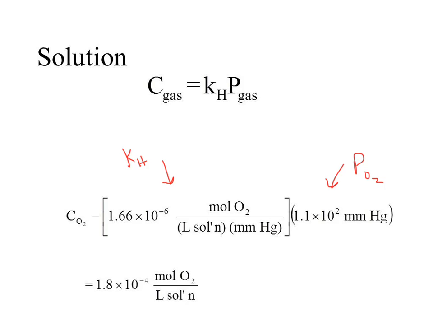And so unit-wise, notice that millimeters of mercury cancel, and we're left with moles of O2 per liter of solution.